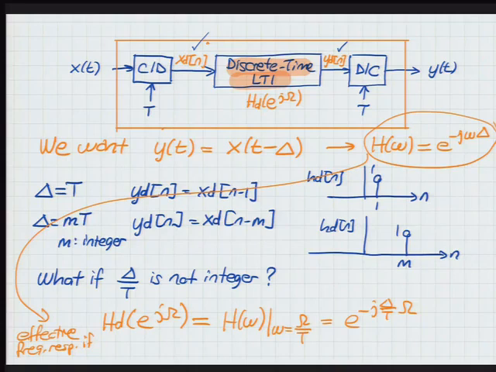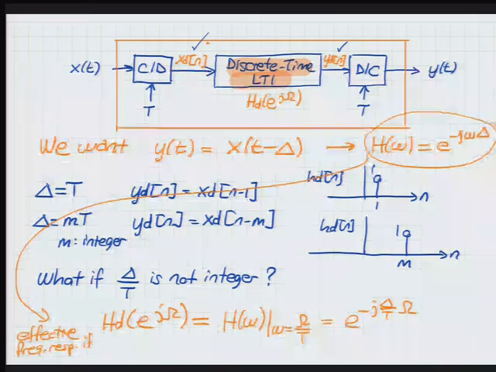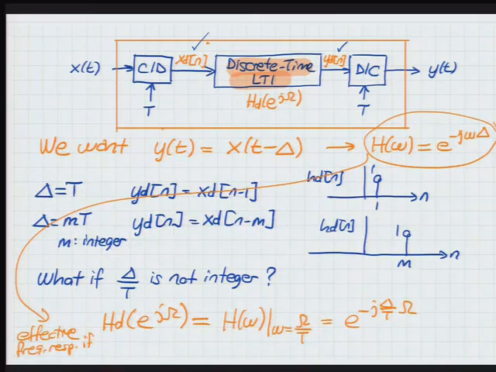Whereas when delta by T is an integer, our intuition worked perfectly. We could have an impulse response like this. When we have fractional delays that are fractions of a sampling period, then it's better to go with what we want in the frequency domain and ask ourselves, what is the impulse response that gives me this?